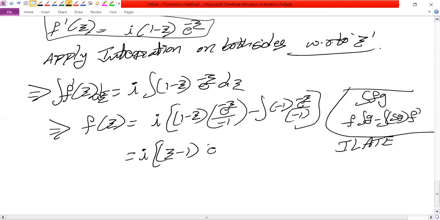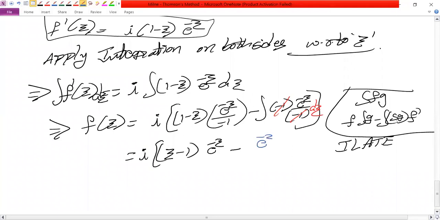So we get z minus 1 into e power minus z, minus this minus 1 gets cancelled. Okay, this minus 1 gets cancelled. So what is again the integration of e power minus z into dz? E power minus z by minus 1.